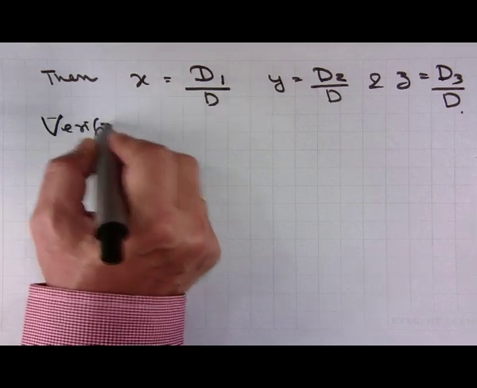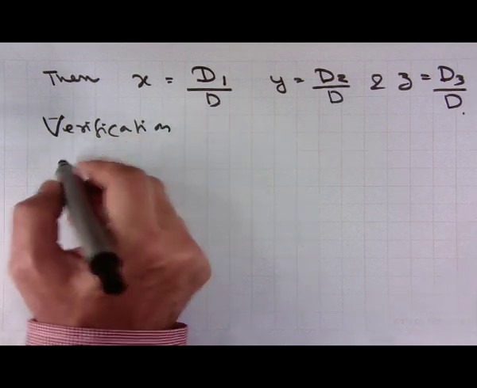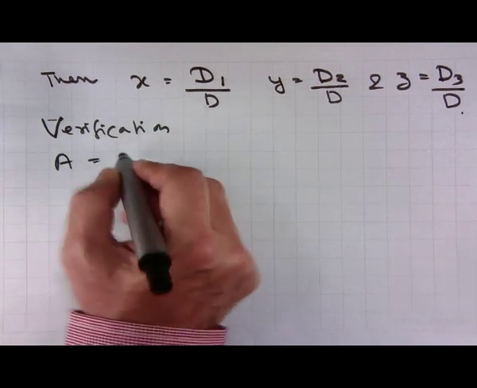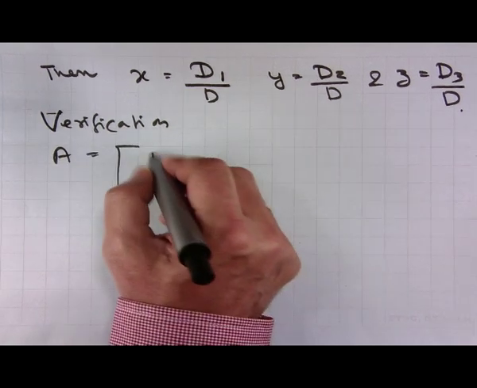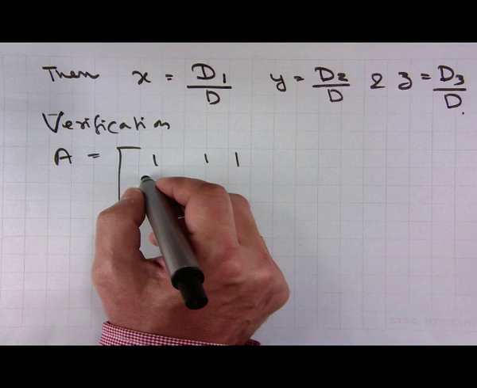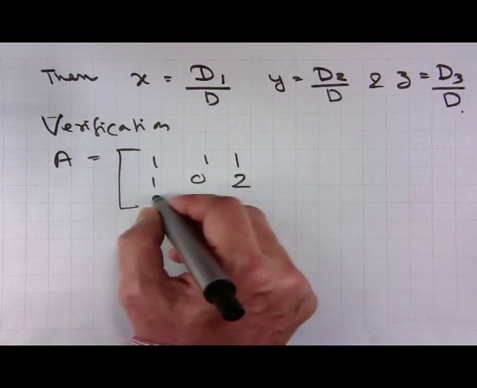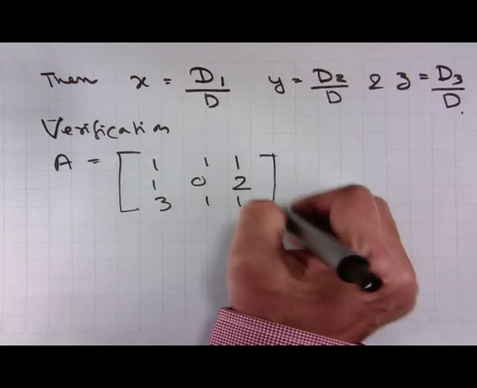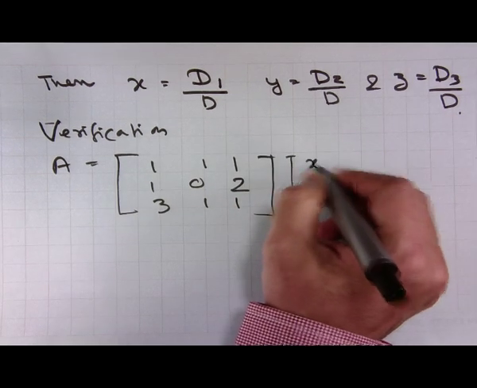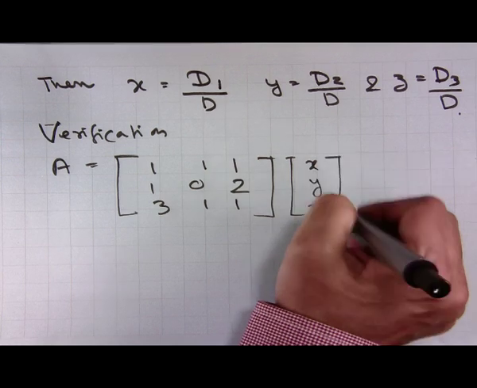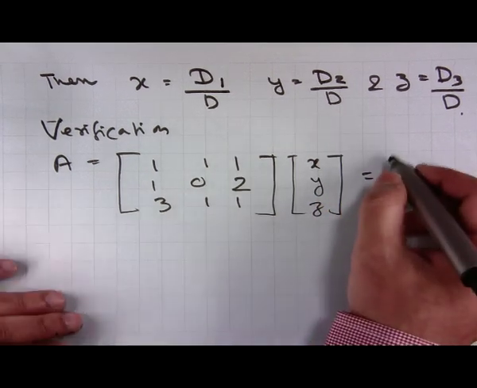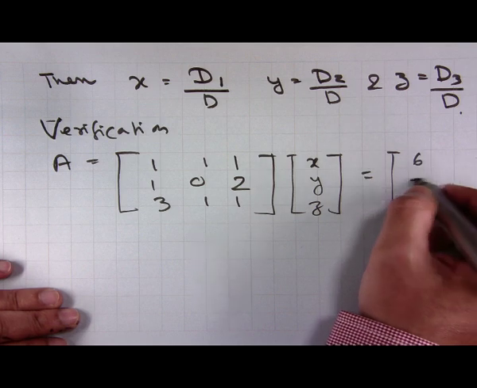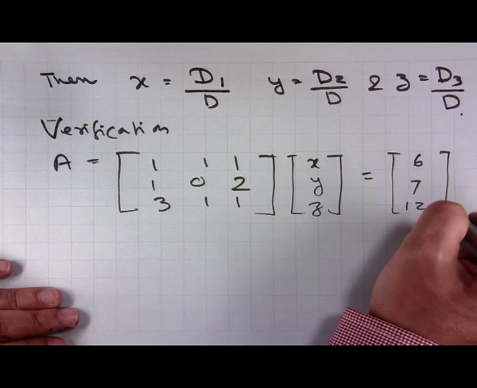So, verification: A into x y z is equal to 6 7 12, where A is 1 1 1, 1 0 2, 3 1 1.